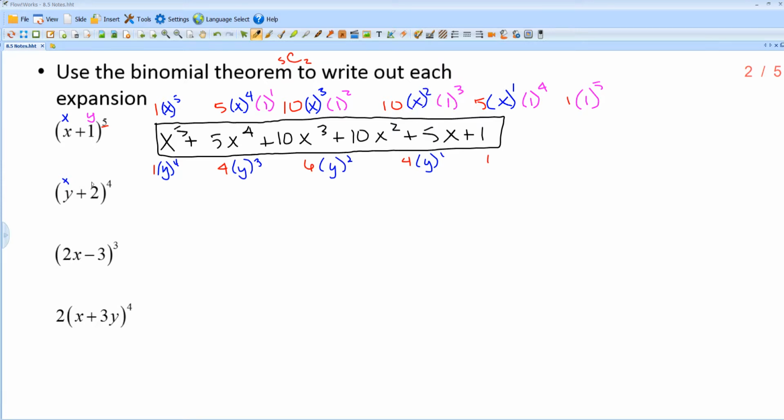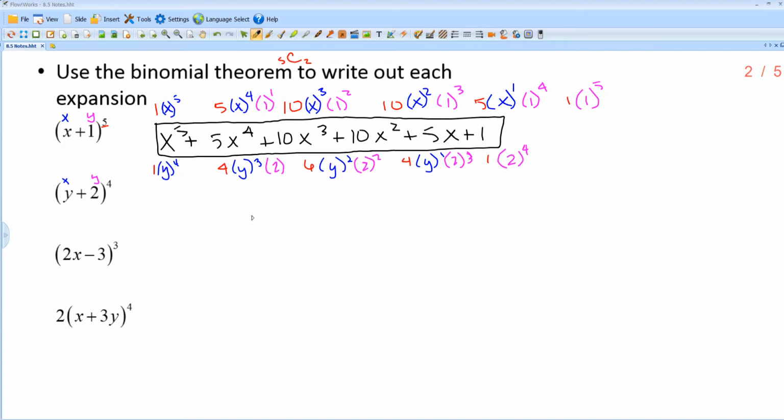Then I go to my quote-unquote y, which is 2 in this case. So here I'd have 2 to the 0 power, 2 to the 1st, 2 to the 2nd, 2 to the 3rd, 2 to the 4th.